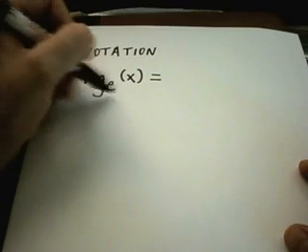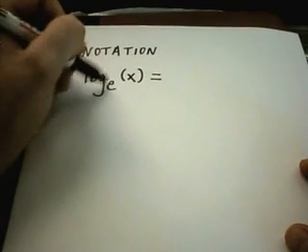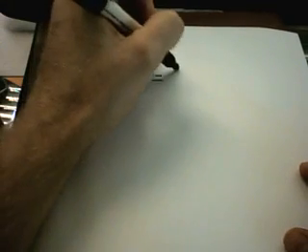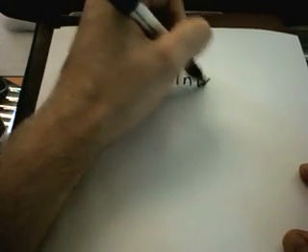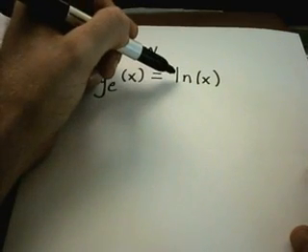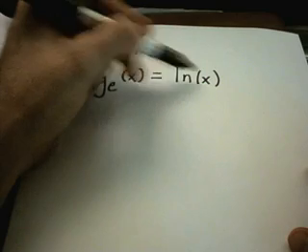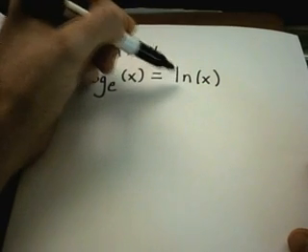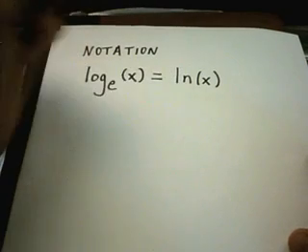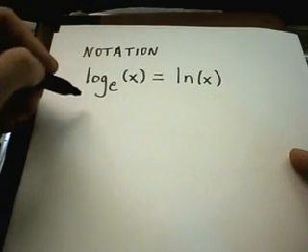It turns out that e is a very special base for one reason or another. So what they do is rewrite log base e as ln of x, or the natural logarithm. Sometimes people pronounce this ln x, natural logarithm of x, ln of x. So all of those mean the same thing.